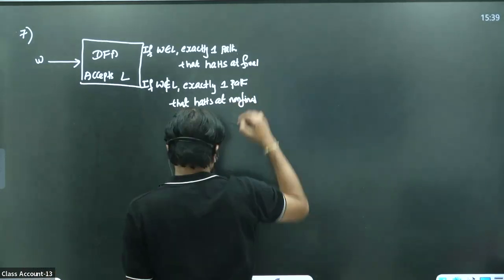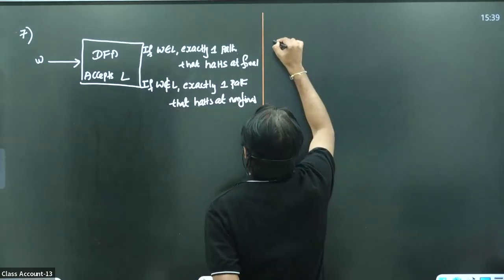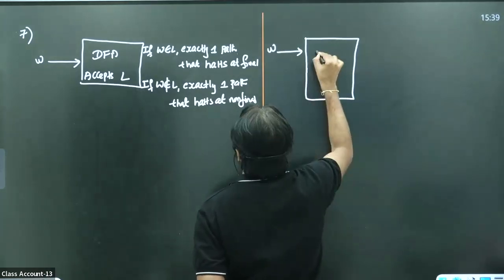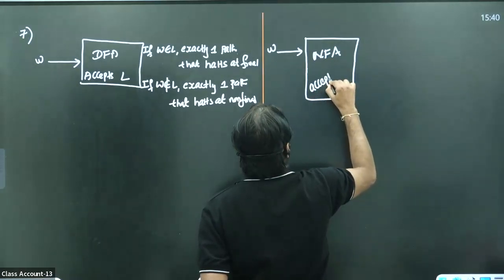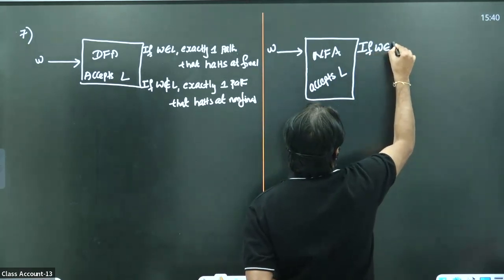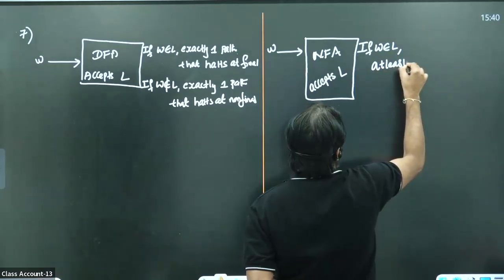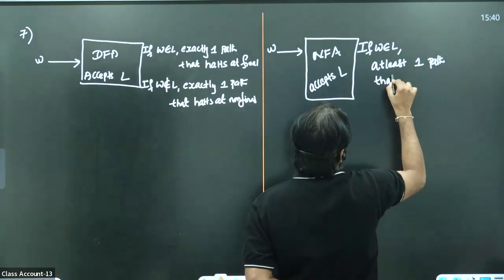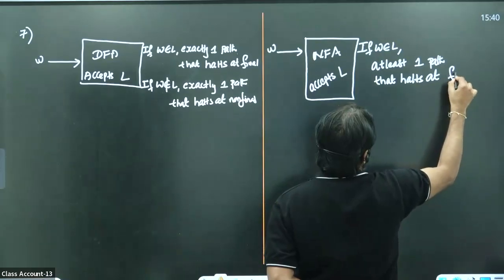That's about DFA. When you come to NFA, the definition slightly changes. If the string belongs to L, at least one path you will see that halts at a final state.